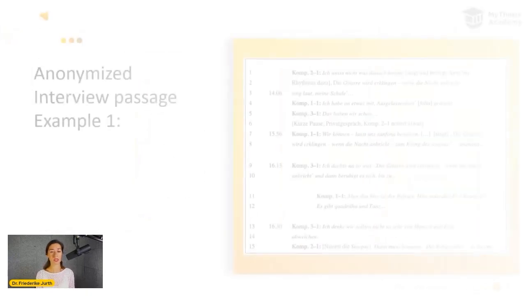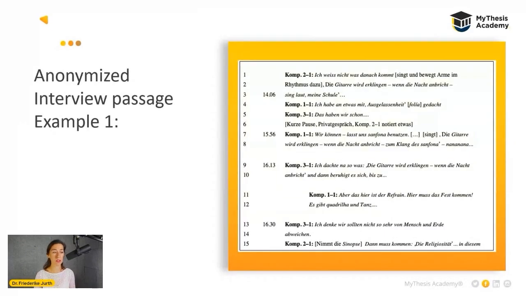So here you can see a concrete example from my own dissertation. This was an extract, a passage from a composer's session. You can see that here, in bold letters, I didn't use the real names, but I put the short form of composer. Here it starts with composer 2 from the first group, then comes the first, then the third.